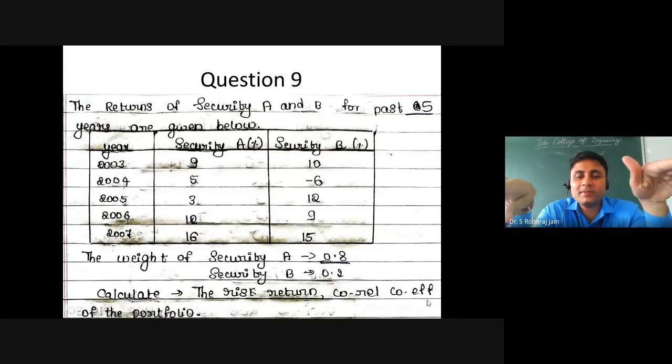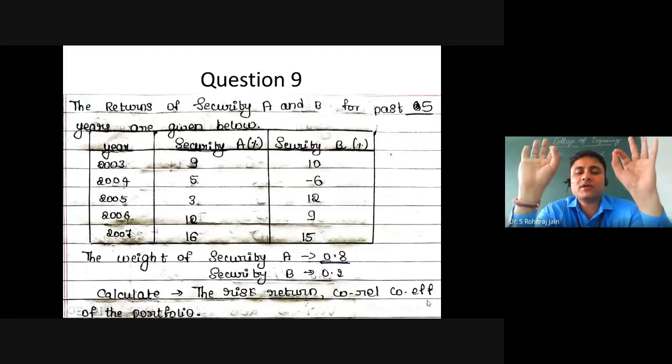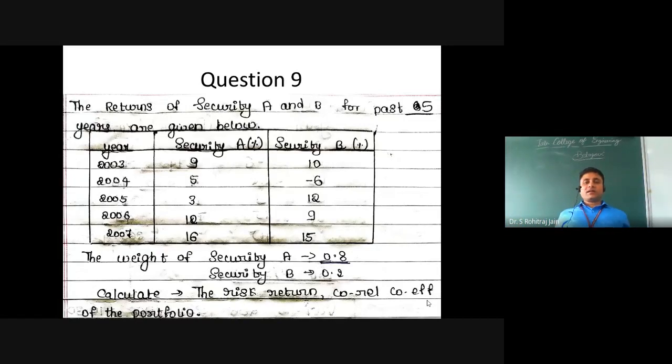So 80,000 will be invested in security A and 20,000 will be invested in security B. That is the weight of security A and security B. So till here, everyone has understood. Shall I go for the solution of this problem, students?